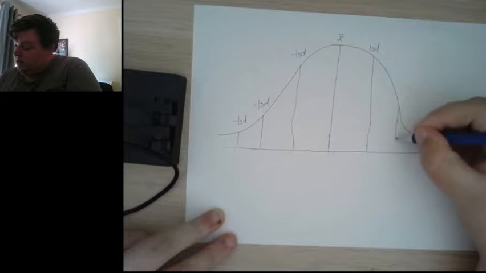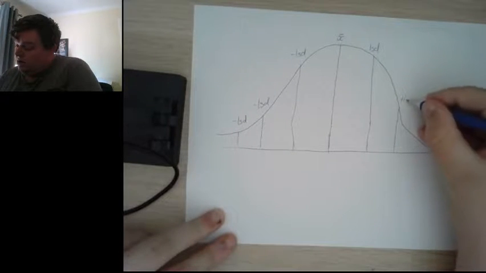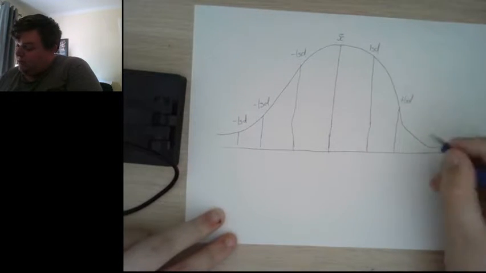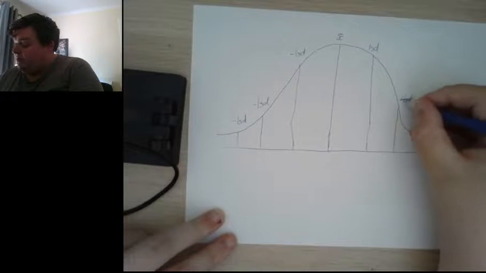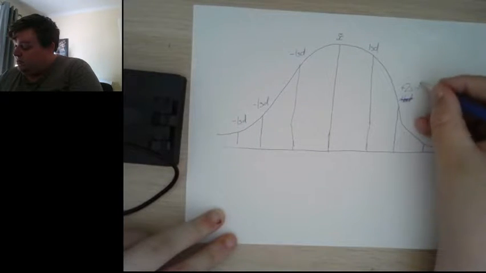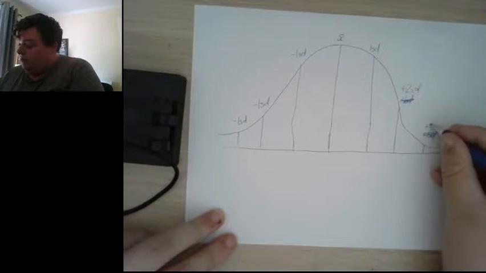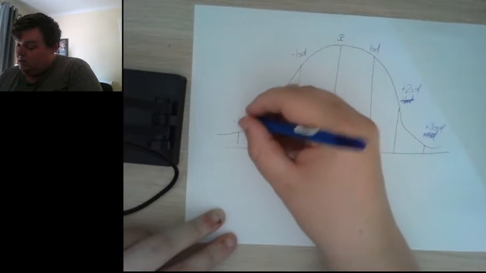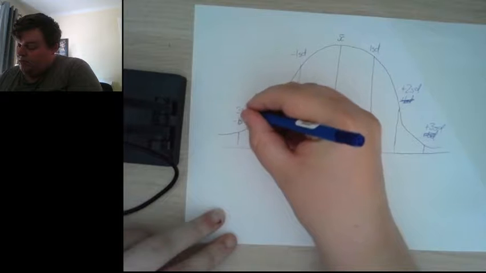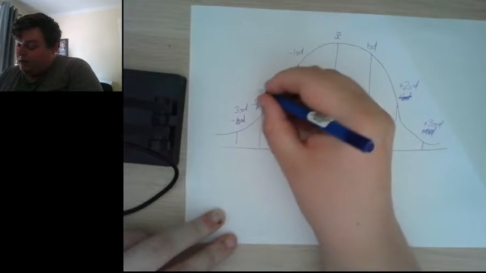And again on this side, one above and another one above that. A better way to put it would be to say that this is +2, and this one's +3. I'll make that 2, and I'll make this one 3. That's probably a better way to look at it.